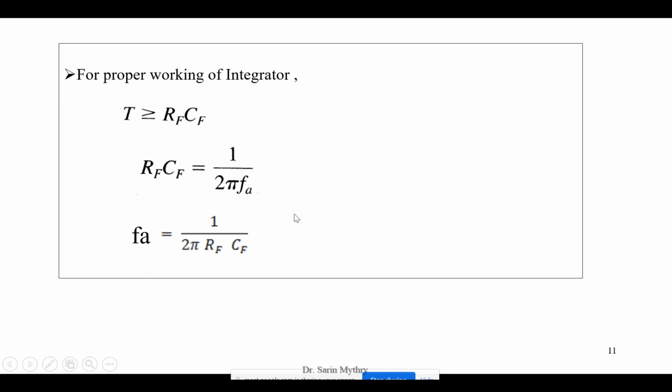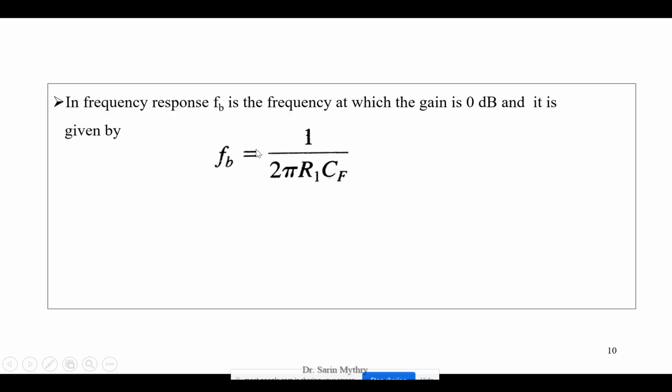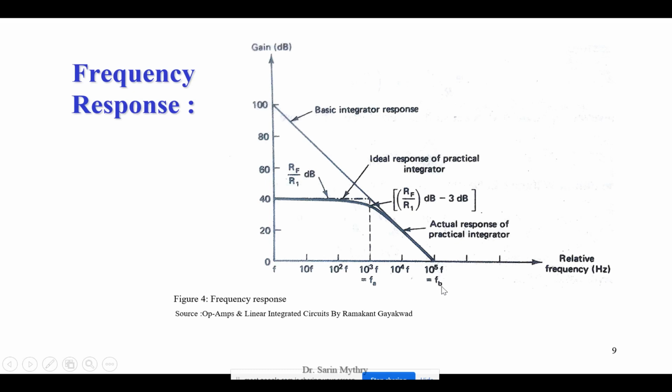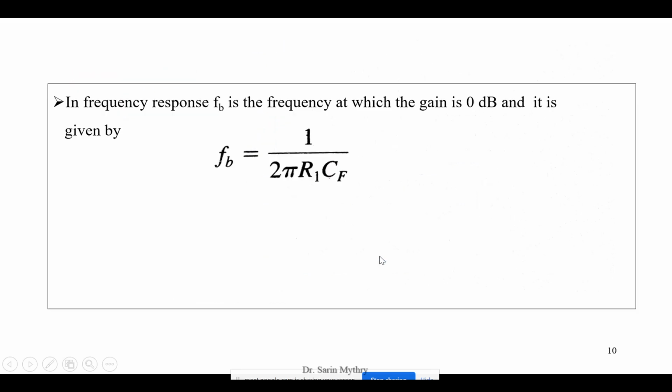So this is how we are supposed to find out the minus 3 dB gain frequency and the frequency FB. These two formulas have been given. Even if you do not know how to find it with the help of the graph, since you know the values of R1 and CF, because you are the designer of this integrator, you can find out FB, the frequency where the gain is going to become 0.